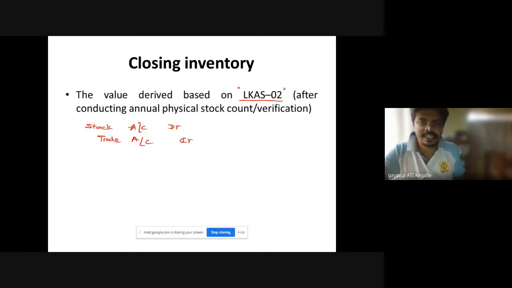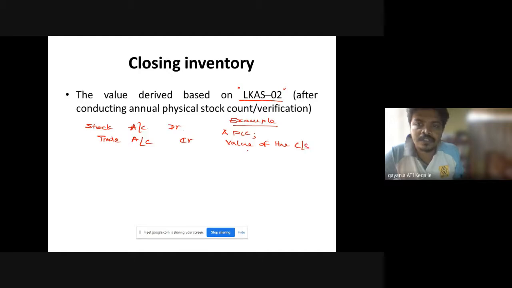Let's say, as an example, A PLC has derived the value of their closing stock as 100,000.